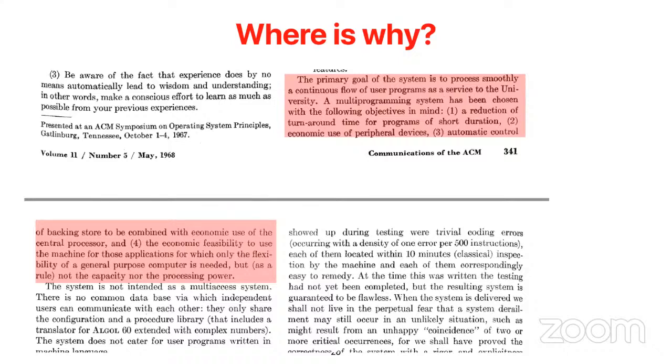And the multi-program system has been chosen with the following objectives in mind: a reduction of turnaround time for programs of short duration, economic use of peripheral devices, automatic control of backing storage to combine with economic use of the central processor, and the economic feasibility to use the machine for those applications for which only the flexibility of a general purpose computer is needed, but not the capacity nor the processing power, right? So these are the why they built the system.